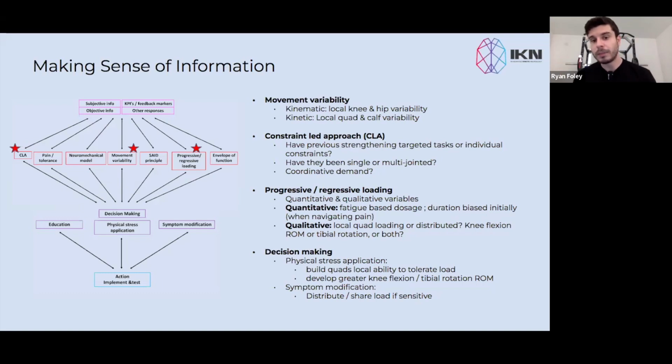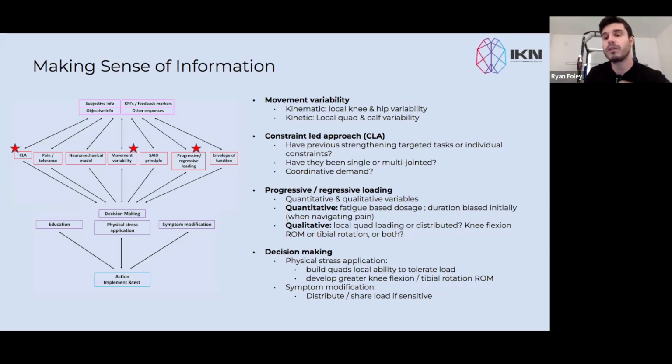We spoke briefly already about the progressive and regressive loading model, where we're looking at quantitative features, qualitative features. So quantitative features, you may, for example, use this to guide your dosage. So in an individual that is sensitive to load, you may not organize your initial rehab strategies around trying to add more external load to their tissues, to their system.